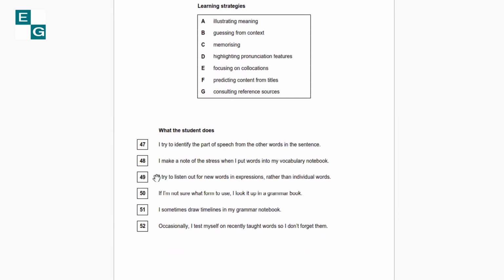So we have here the strategies and what the student does. So I'm going to start by checking out the instructions from what the student does. Imagine that your student says, I try to identify the part of the speech from the other words in the sentence.